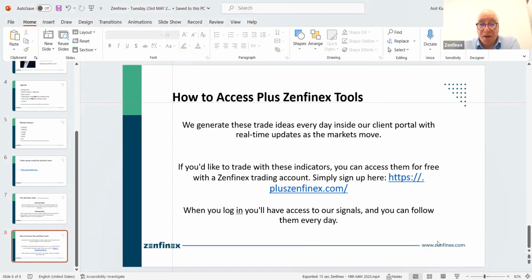It's all free, and I think it's a great way of adding tools to your toolbox, if you like, for when you're looking to do trades, either as confirmations, or if you're brand new, to see how others are coming up with their trade ideas, including me. I'm using my approach, which is top down.